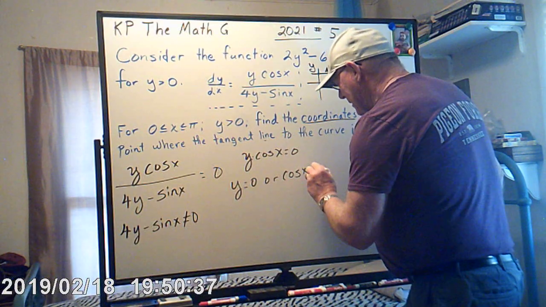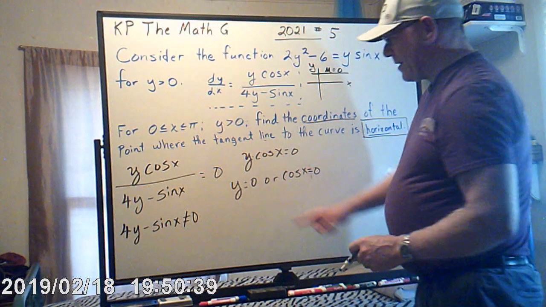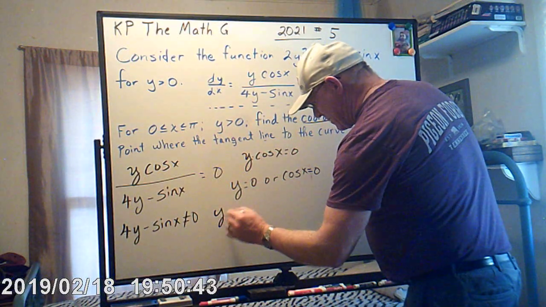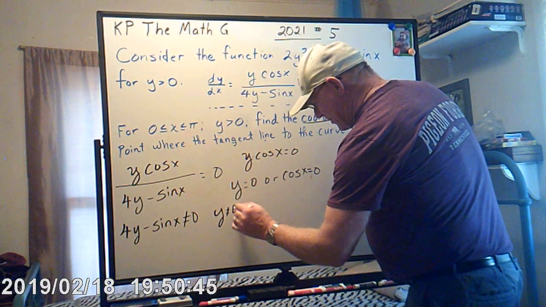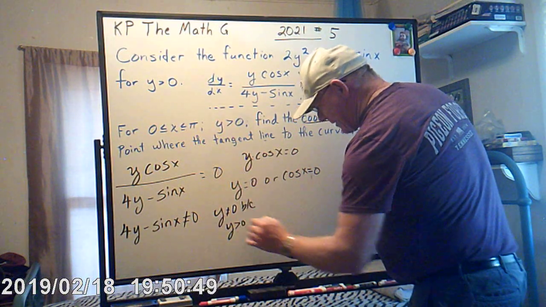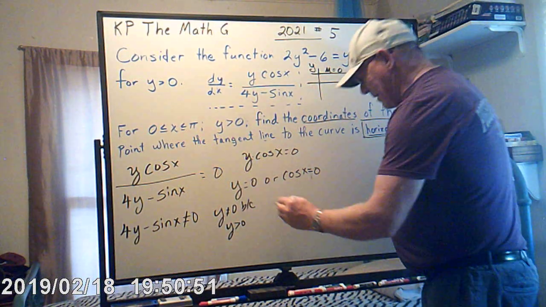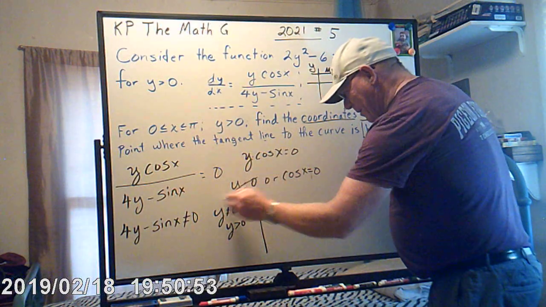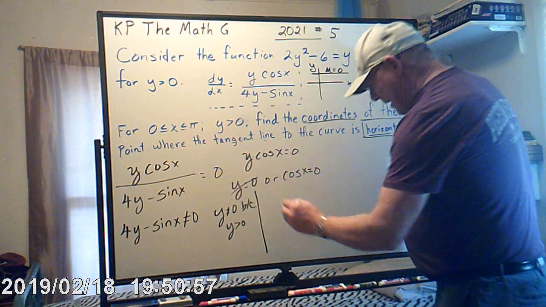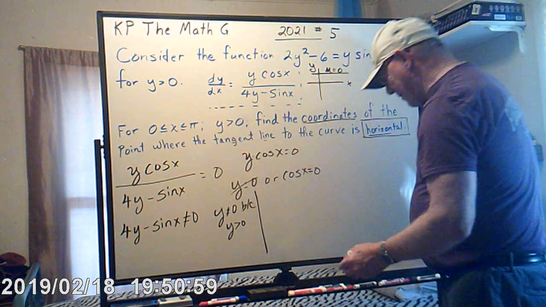Since y is greater than 0, y cannot be equal to 0. So we cannot fool with this part right here. So we got to figure out where cosine x is equal to 0.